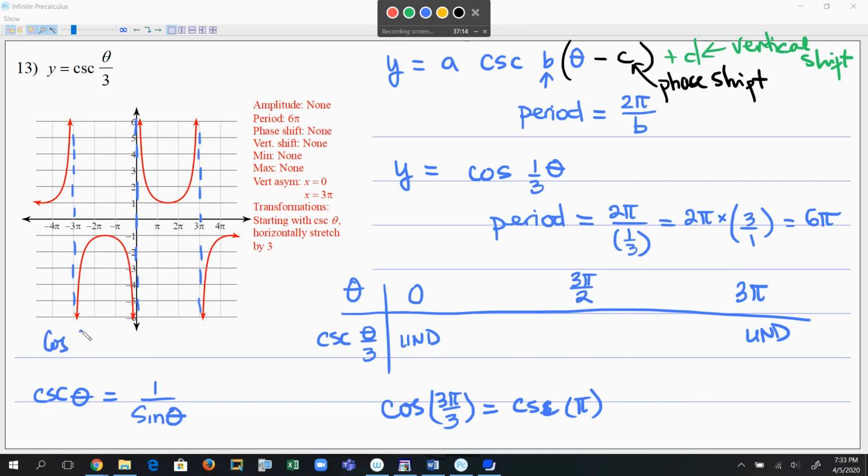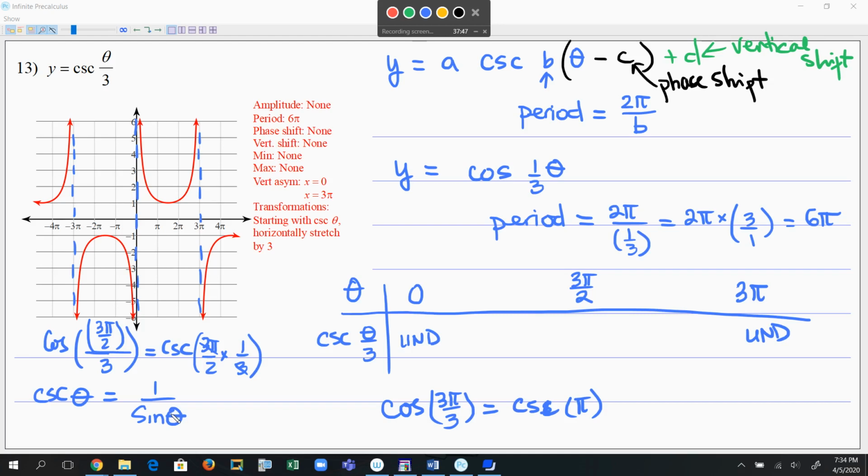We have cosecant of 3 pi over 2 divided by 3. When we divide, it means that we multiply by the reciprocal. So 3 pi over 2 times 1/3. Cancel the 3. That will give us cosecant of pi over 2.